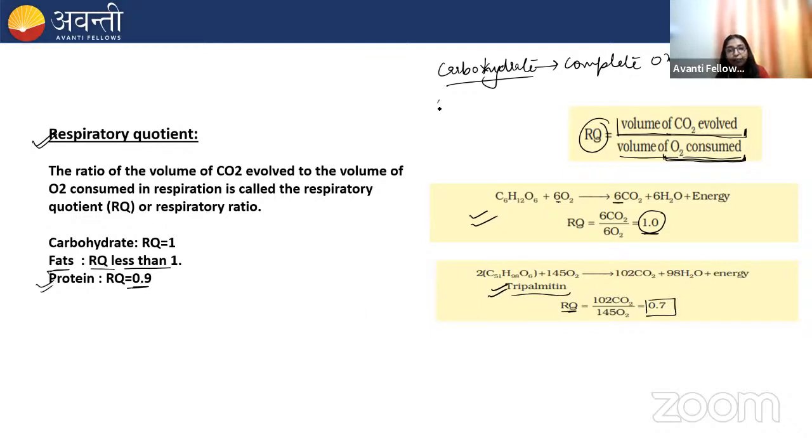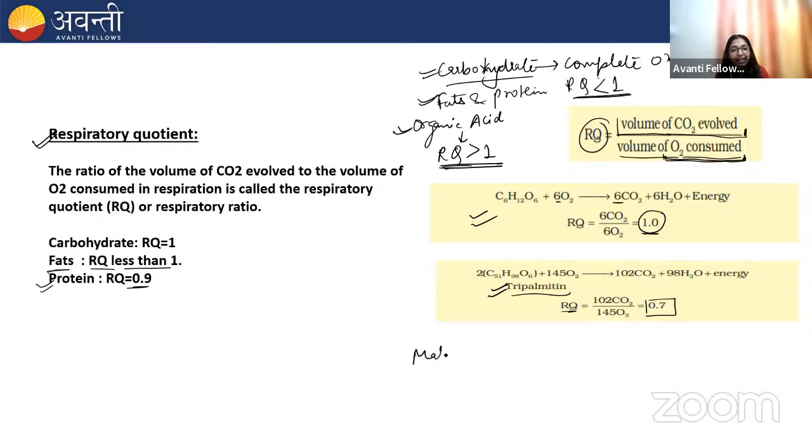So fats and proteins have RQ less than 1. But organic acids have RQ more than 1. Remember this. And carbohydrates have RQ equal to 1 because they undergo complete oxidation. Organic acids have RQ more than 1.